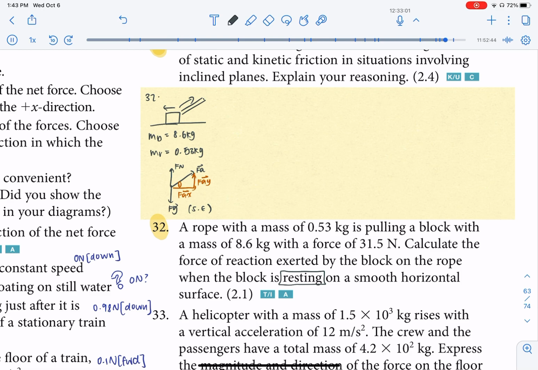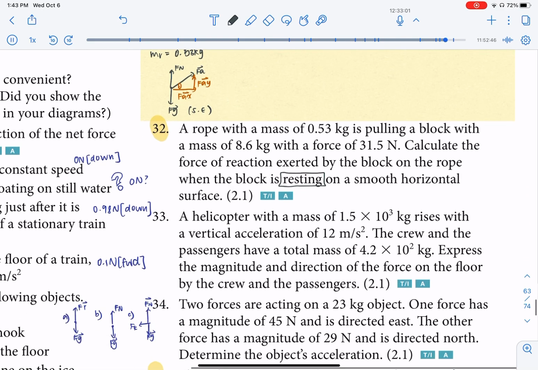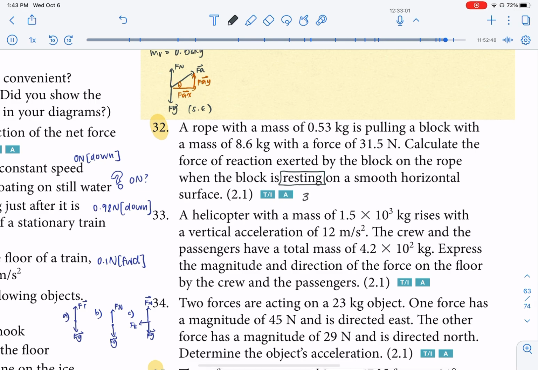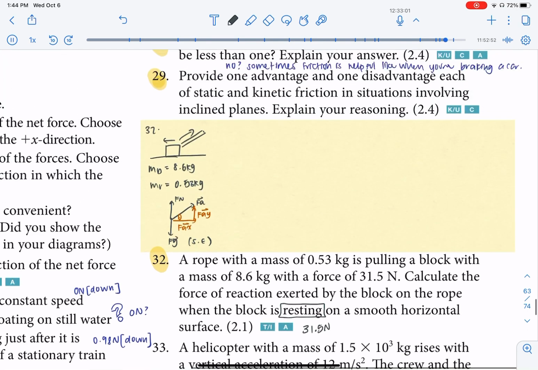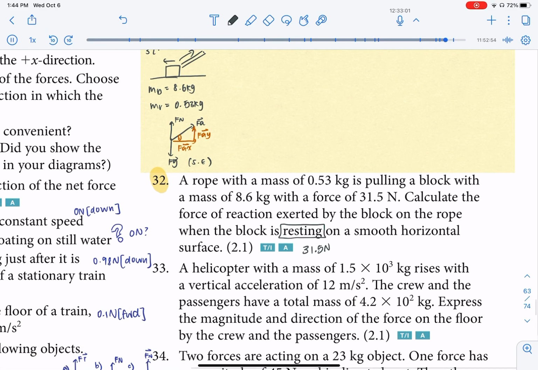So Olivia typed in a question here. She said, why would two objects having different speeds hit each other with the same force? Any ideas why that would be? If you had a slow moving car and a fast moving truck, they hit each other. Why are the forces of impact the same on each? Jake? Newton's third law.